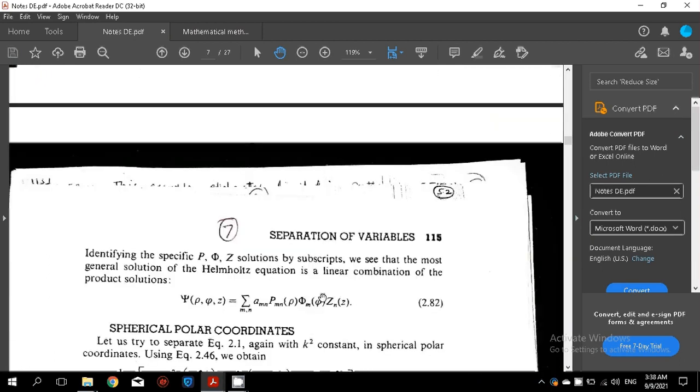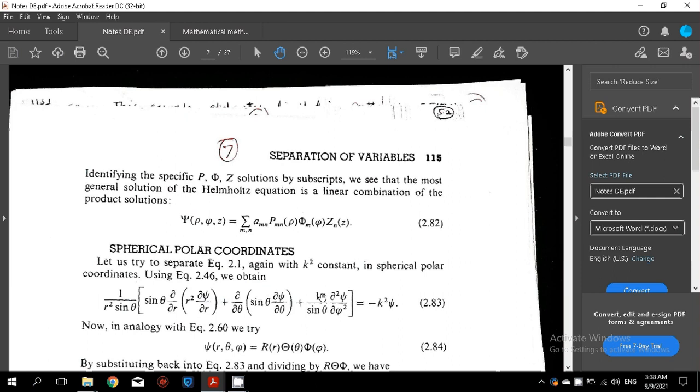Okay, in polar coordinates, this is page number 115 of the book, and you can see the Helmholtz equation written using the value of del square in polar coordinates. The value of del square is 1 over r square sine theta, bracket, sine theta times the partial derivative with respect to the first polar coordinate, r square partial derivative of psi with respect to r, and so on.